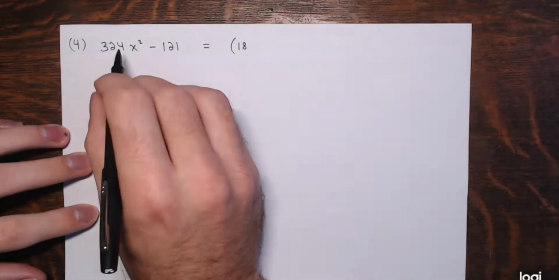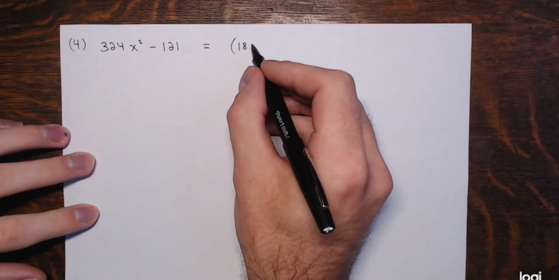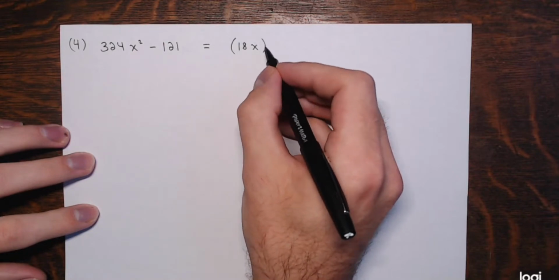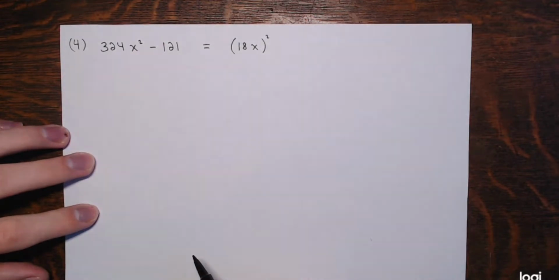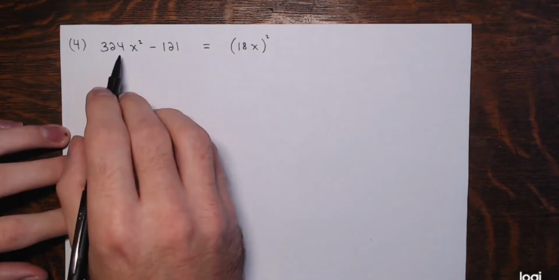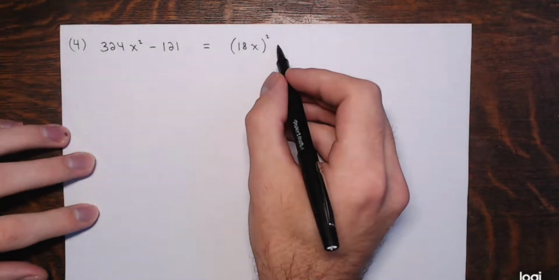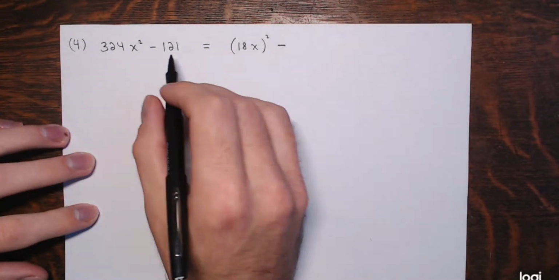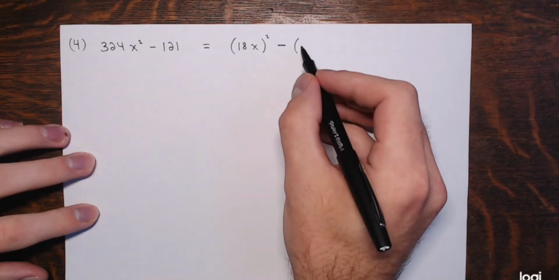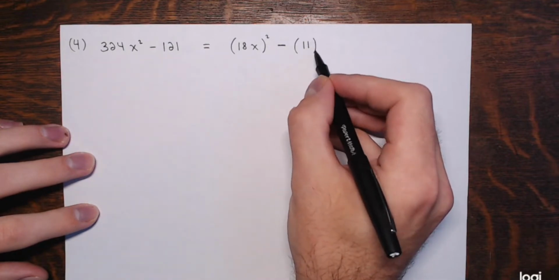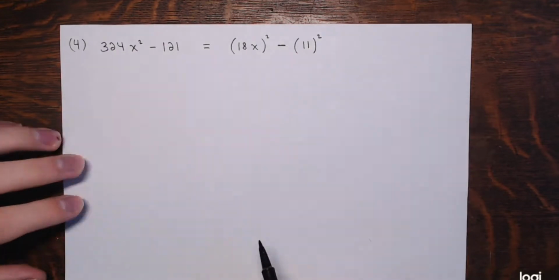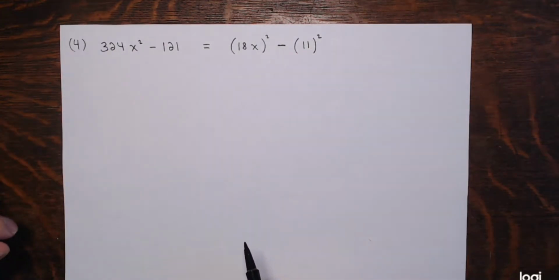So 324x squared is 18x to the second power, right? 18x times 18x. So the first term's a perfect square, then minus, right? And then 121 is 11 squared. Another nice integer square, perfect square.